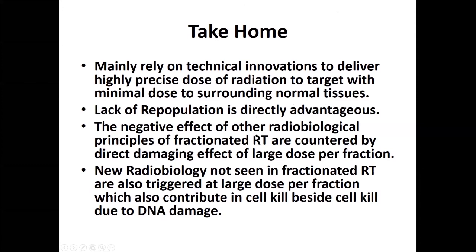The negative effects of other radiobiological principles like hypoxia or redistribution are countered by the direct damaging effect of large dose per fraction, which we have already seen. And new radiobiology not seen in fractionated radiotherapy also gets triggered at the large dose per fraction which we use in non-fractionated radiotherapy, and they also contribute in cell kill beside cell kill due to DNA damage.